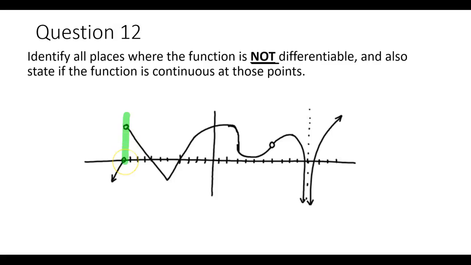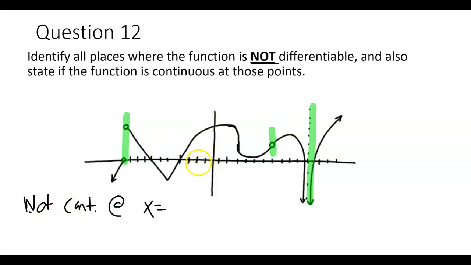So here we have a discontinuity. Here we have a discontinuity. And here we have a discontinuity. So all of those places are places where the function is neither differentiable nor continuous. So I'm going to put not continuous at x equals, and let's see what these numbers are.